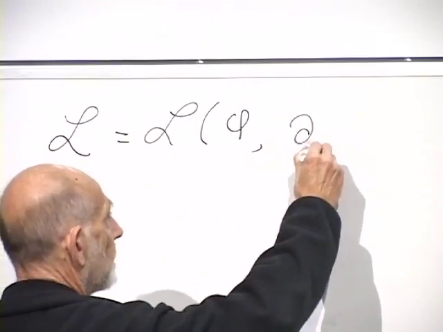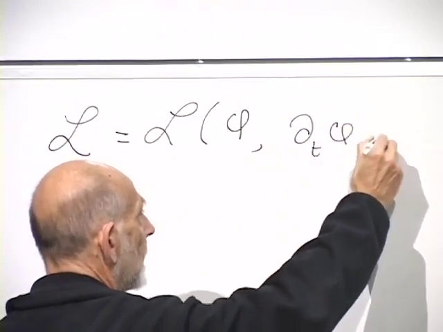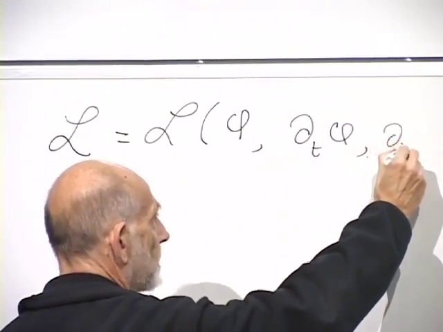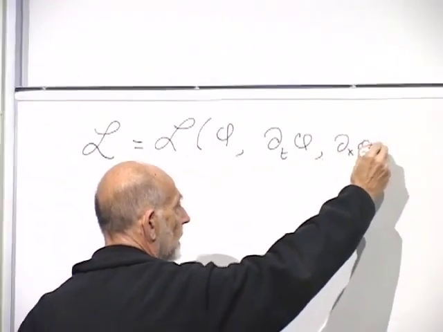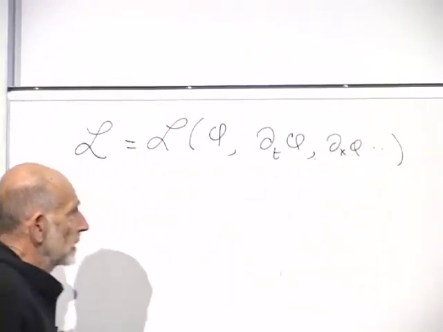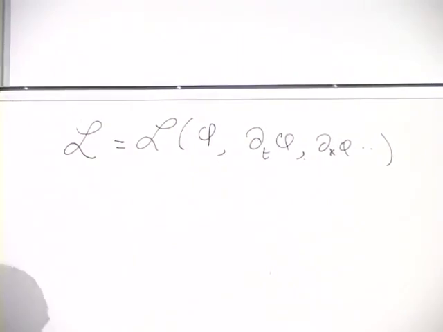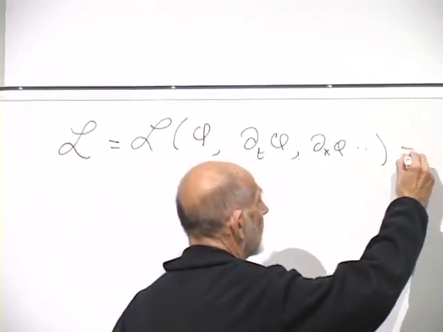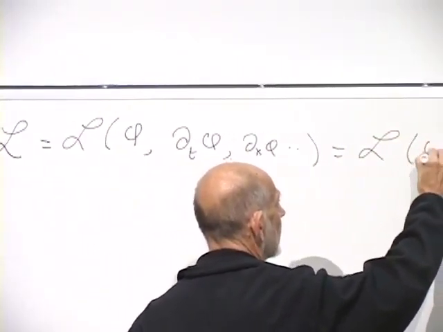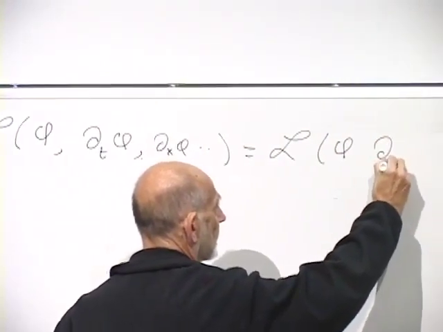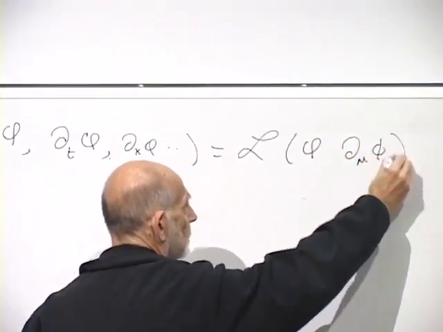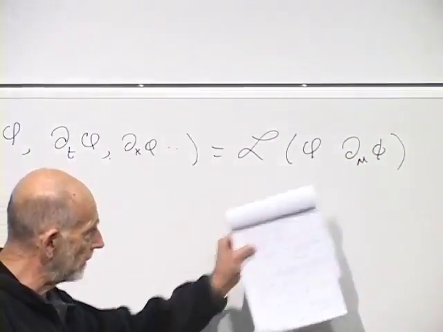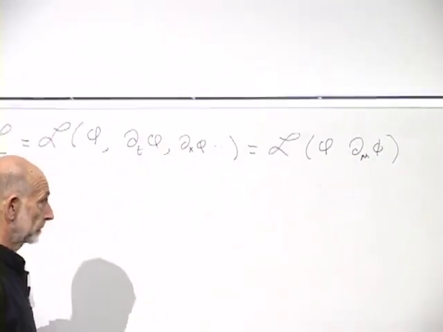So it could depend on the derivative of the field with respect to time and the derivatives of the field with respect to x, y, and z. Or more compactly, it depends on the field and the derivatives of the field with respect to x mu. This means derivative with respect to x mu.